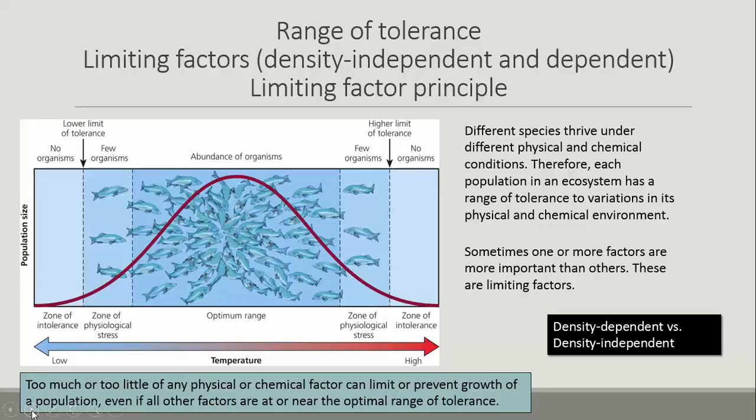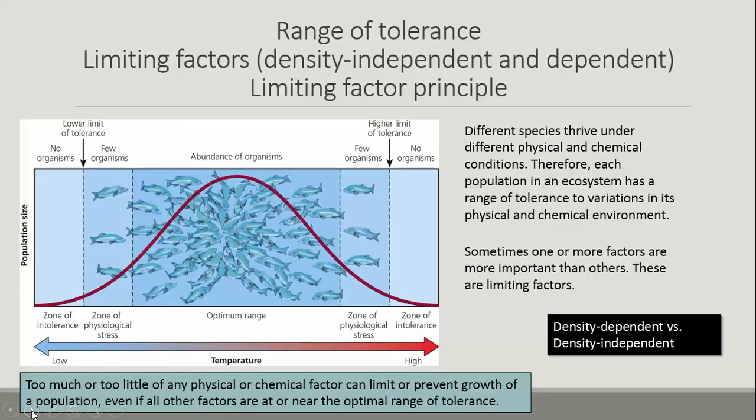Other density dependent factors that could influence the size of a population are increased predation, which can happen because there are more members of the population to attract predators, competition for food or living space, disease, which can spread more rapidly in overcrowded populations, and think about the buildup of toxic materials.